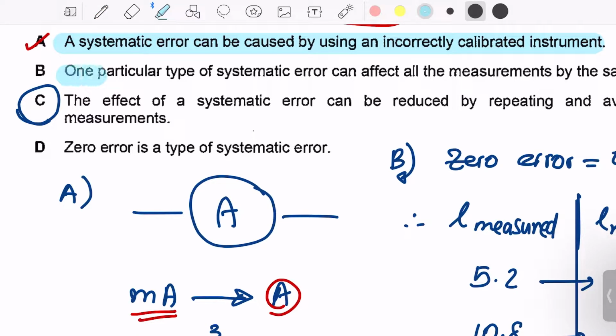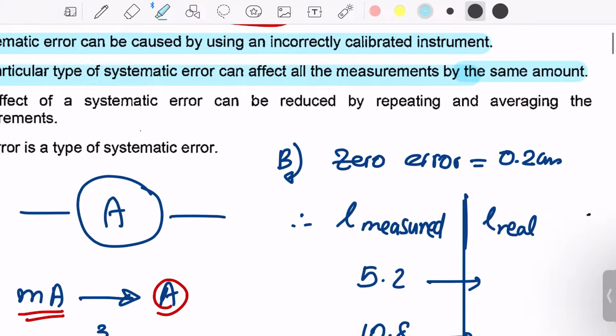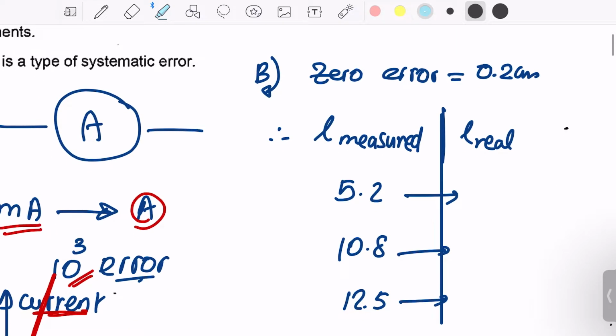Second one: a particular type of systematic error can affect all the measurements by the same amount. Like let's say zero error. Let's say your meter ruler does not start from 0. It's 0.2 centimeter is the starting point. So all the readings are affected by the same amount, which means this should go down.